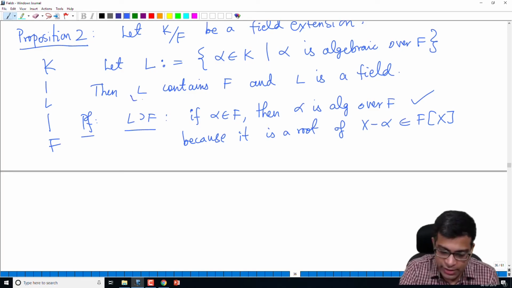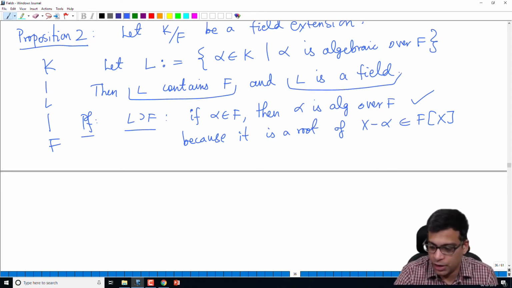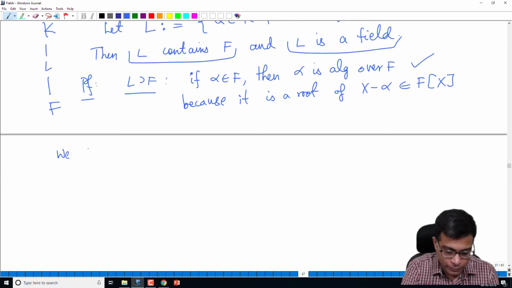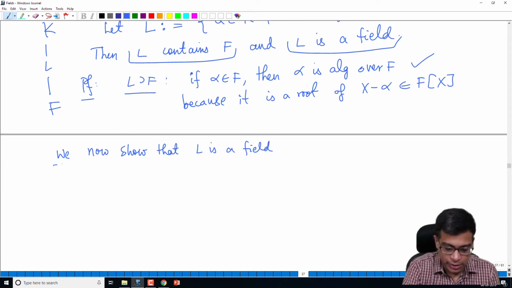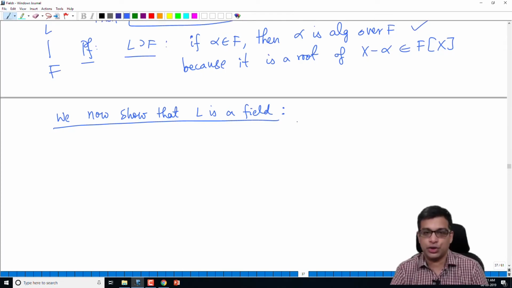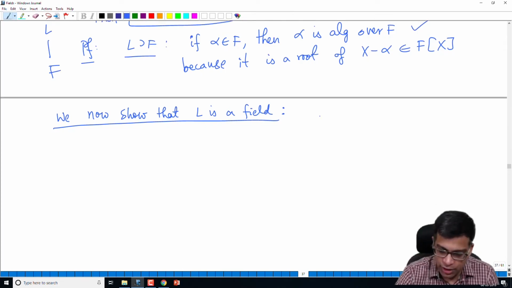There are two statements I am making here. The first one is trivial, but the second one is the crucial thing. It contains F is trivial. Now we show that it's a field. What do we need to show?